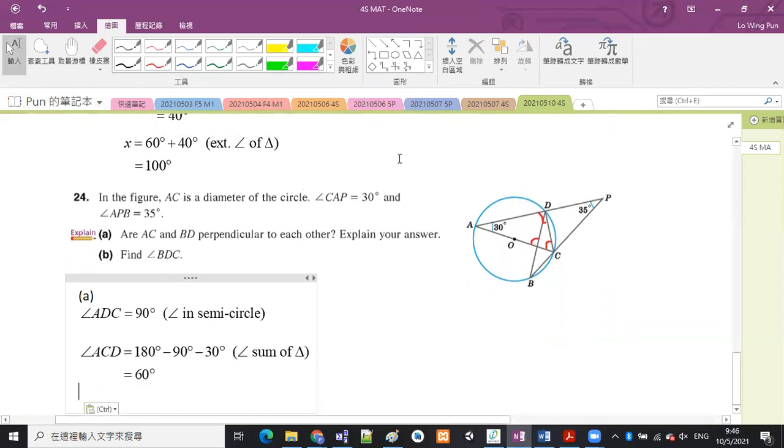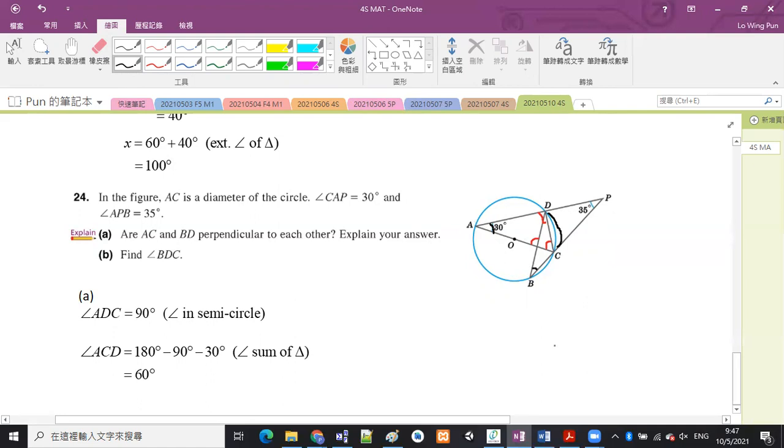Actually, we don't need to find this. We can find this one first. Angle dot point C. Can you see that this 30 degrees is looking at this arc CD, and there is another angle at circumference, angle dot point C. Dot point C is also looking at this arc.